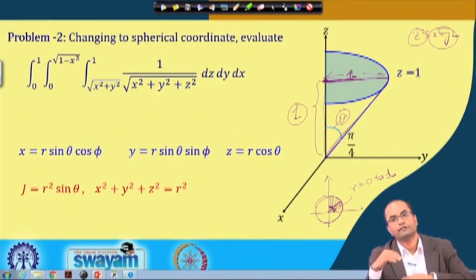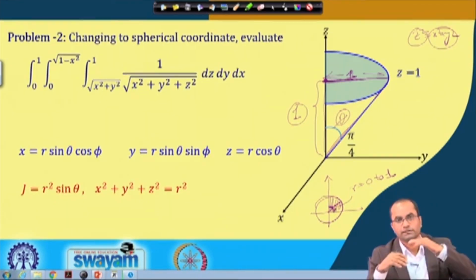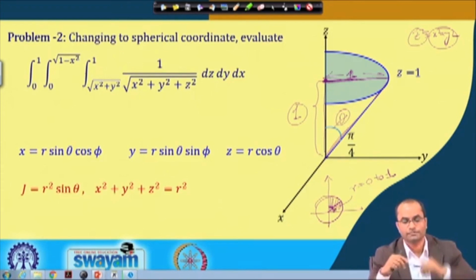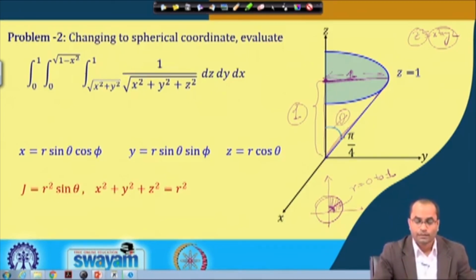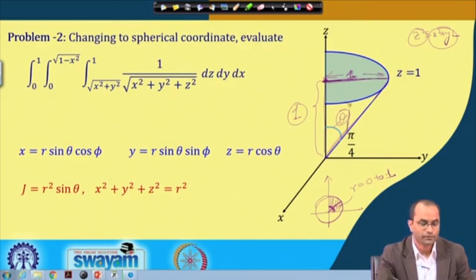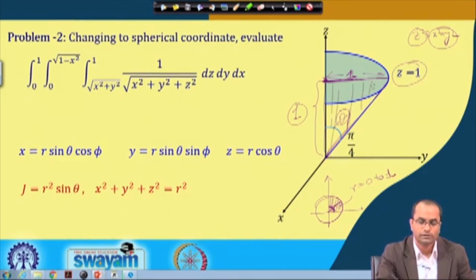So, once we have covered this one direction as discussed before, that means in the direction of z, we have not discussed for the z here. So, the limits of z will be from the cone to z is equal to 1.